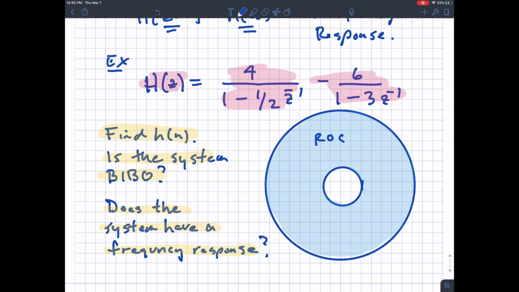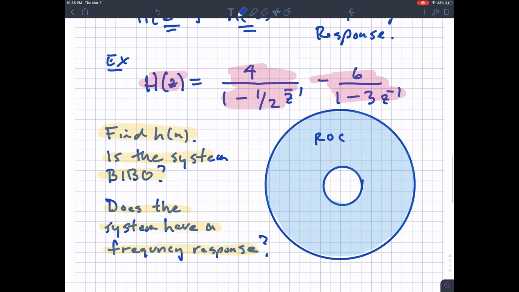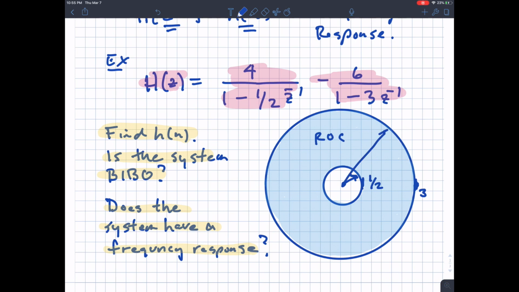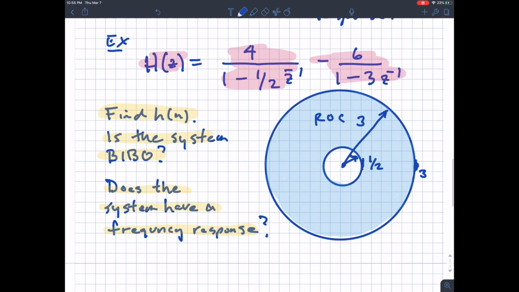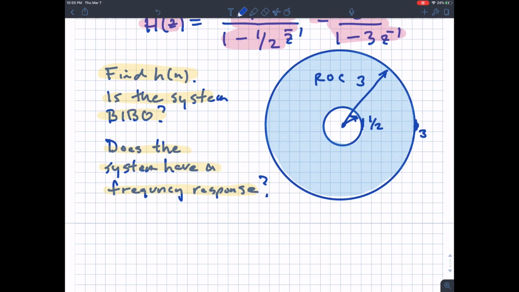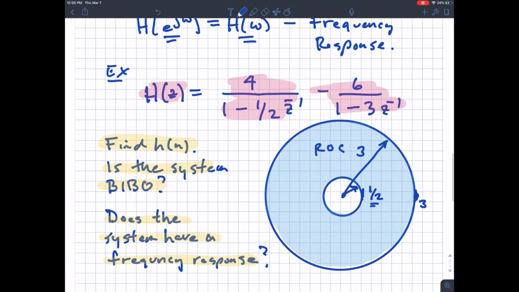Okay, so I'm showing the region of convergence here, and let me label a few things. This is the 1/2 point, so this radius is 1/2. Here, this point out here is 3. Okay, so this radius out here is 3. And so what we know is, because the region of convergence is emanating from the 1/2 term, this particular term is causal.